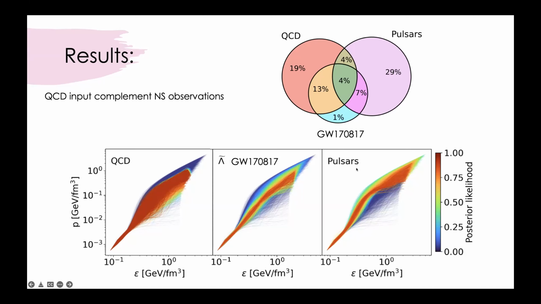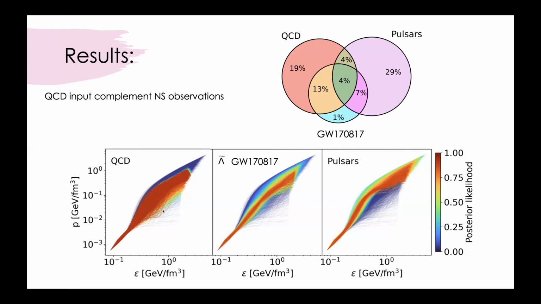You can see that the pulsars require that the equation of state is stiff enough, goes fast enough up here, so that you can support these two solar mass neutron stars. Whereas the gravitational waves tell you that the equation of state has to be soft enough at low densities, so that the effect of tidal deformability is not too loud in the observed gravitational wave signal.